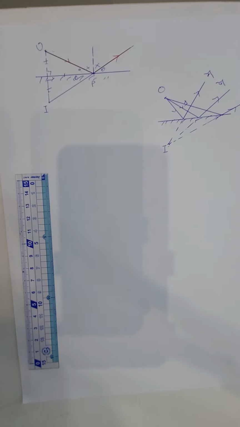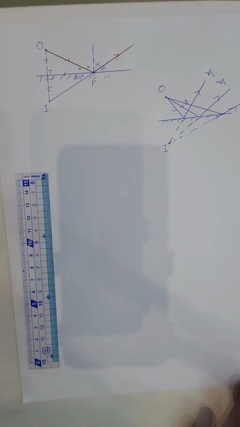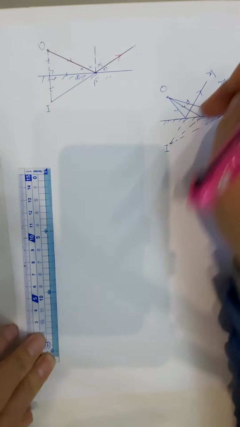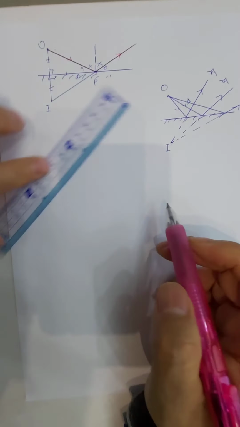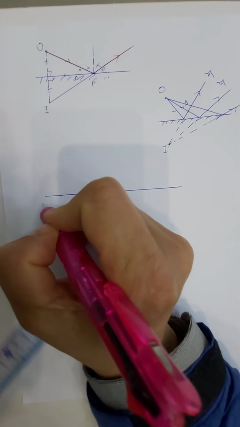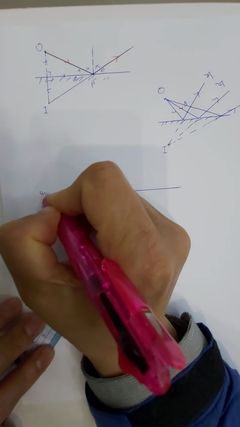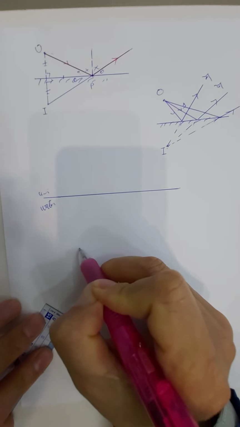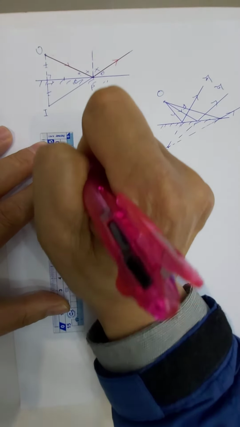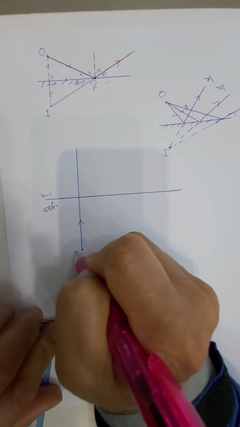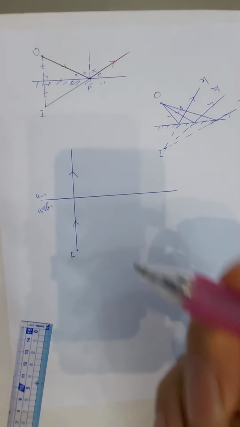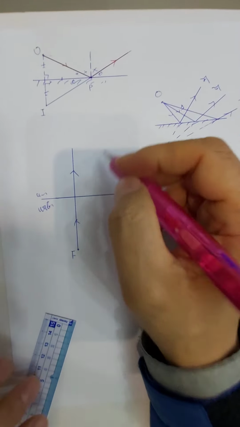However, this is not the case for an immersed object. Now, if we use this idea to find the image of an immersed object, suppose this is water, this is air, and we have an immersed object here. This is the ray emitted by that object directed normally, so it will emerge undeflected.